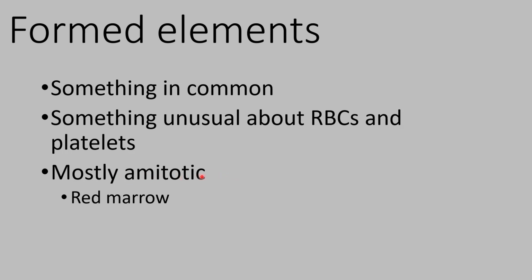So what does that mean? Well, red blood cells, they can't go through mitosis. They don't have a nucleus. And platelets can't go through mitosis. They're not even cells. They don't have anything. They are just pieces of a cell.